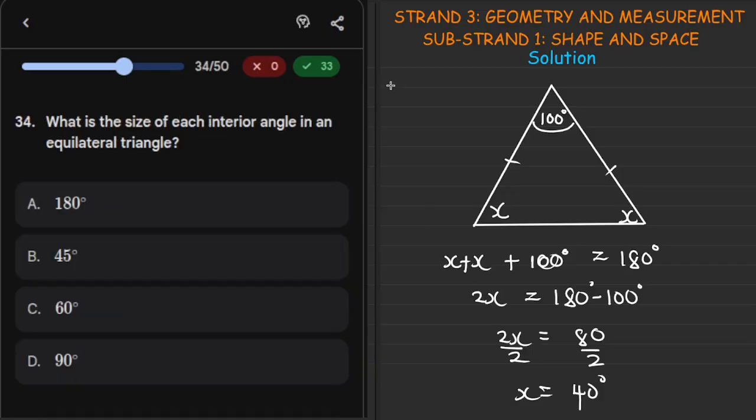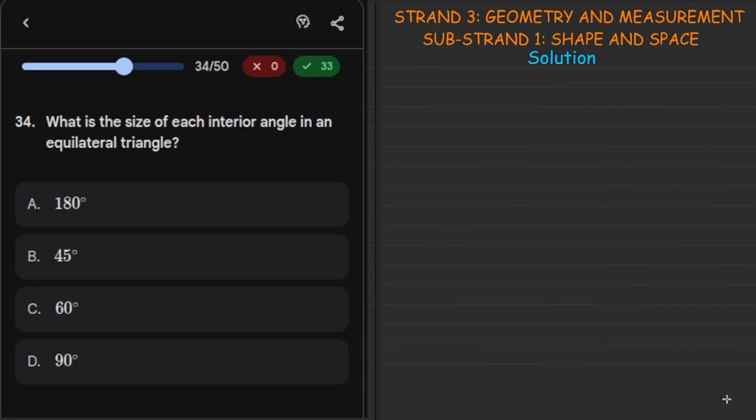Question number 34. 34 says, what is the size of each interior angle in an equilateral triangle? So for an equilateral triangle, we know all the sides are the same. Though this is not drawn to scale, let's assume it is an equilateral triangle. Then the angle we have here is the same as this angle, and it's also the same as this.